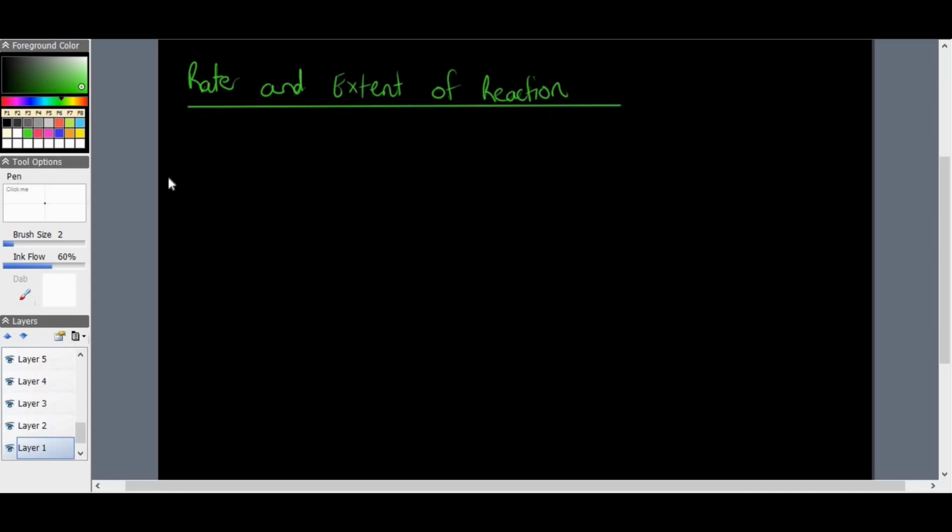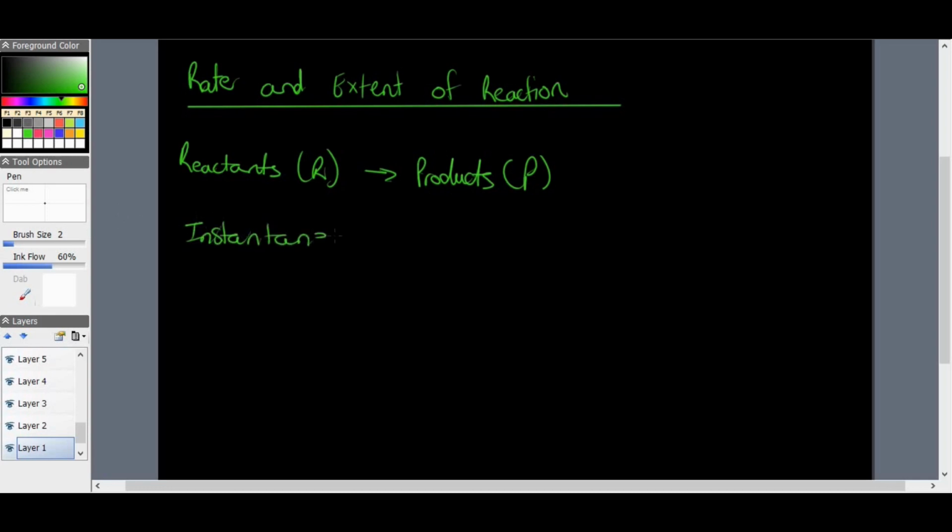What is meant by the phrase rate of reaction? Let's consider the chemical reaction where reactants are becoming products. Some reactions take place instantaneously. So we have some instantaneous reactions.